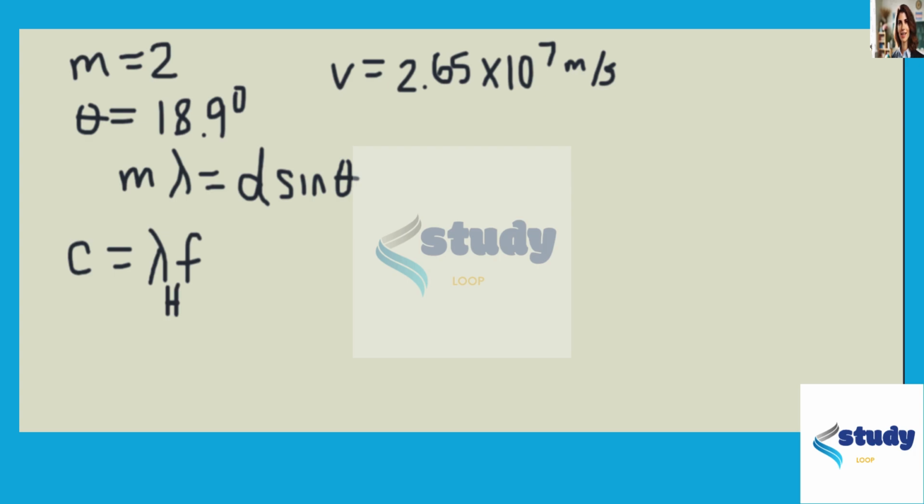However, for this far away galaxy, it's traveling away from Earth. Just want to make sure that that's correct. Away from Earth, so it's going to appear to have lower speed, and that's going to be the wavelength distant times frequency.